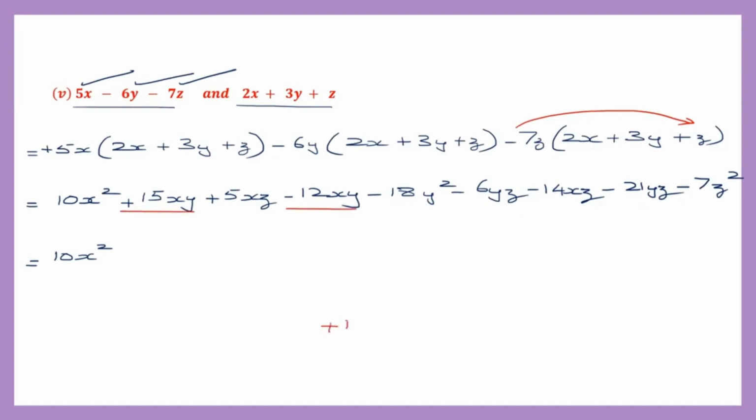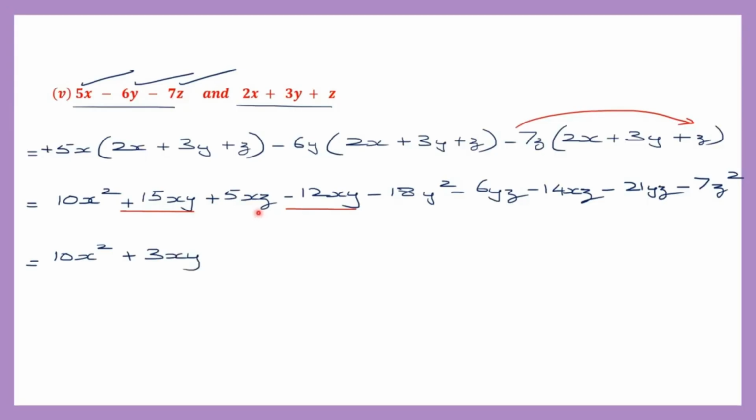So that is plus 15xy minus 12xy. So we have to take the numbers alone, plus 15 and minus 12. When signs are different, put the sign of the bigger number and subtract. 15 minus 12 is 3 and you write xy. So that is plus 3xy.